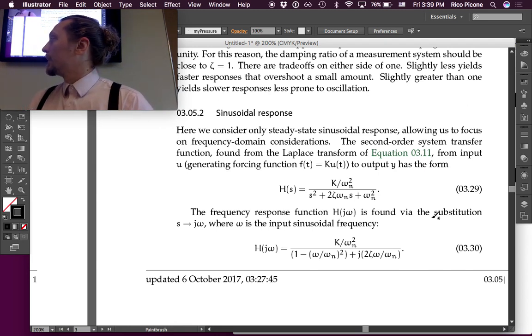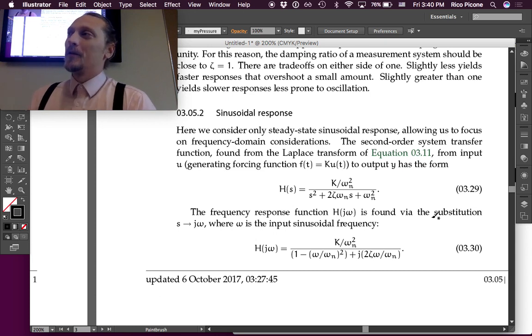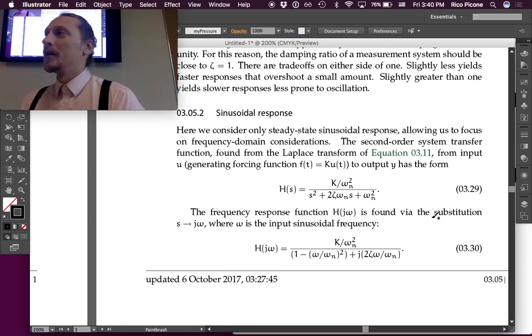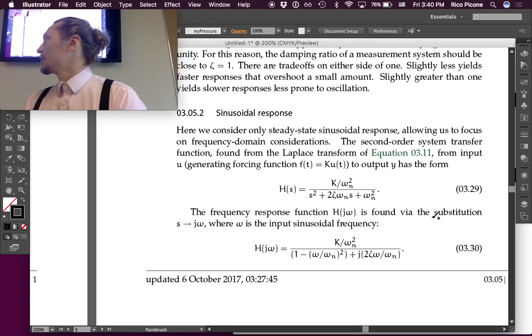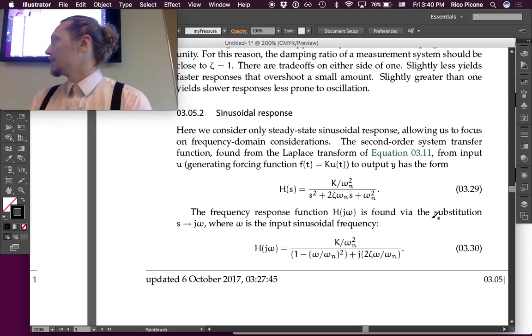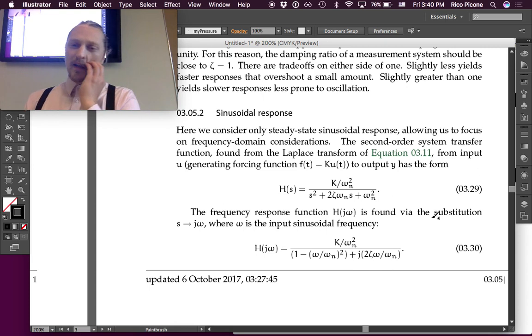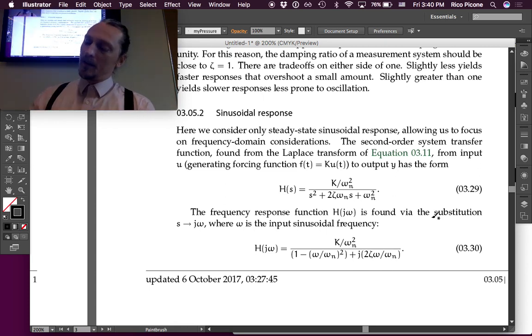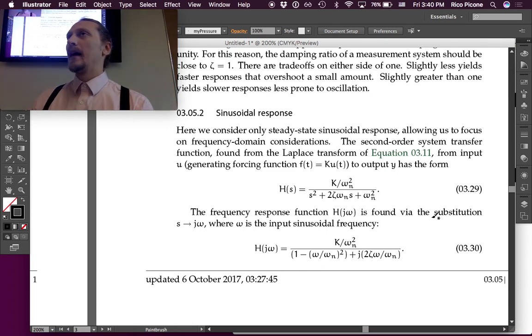We take the Laplace transform of the input-output ODE, and we can solve for the output over the input, and that's what the transfer function is. And we're actually using it as a bridge to get to the frequency response function, because when we deal with the frequency response function, we're thinking about sinusoidal inputs. And that's what we're thinking about right now.